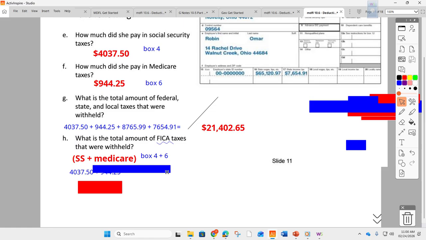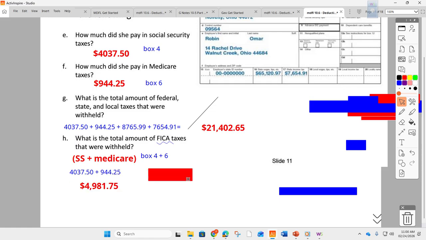Box 4 is $4,037.50. Box 6 was $944.25. So for a total FICA tax paid or withheld, $4,981.75.